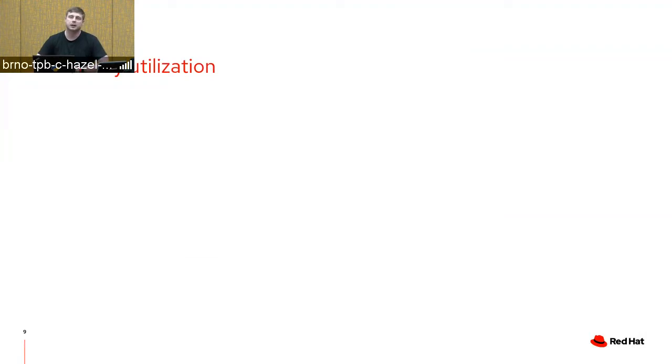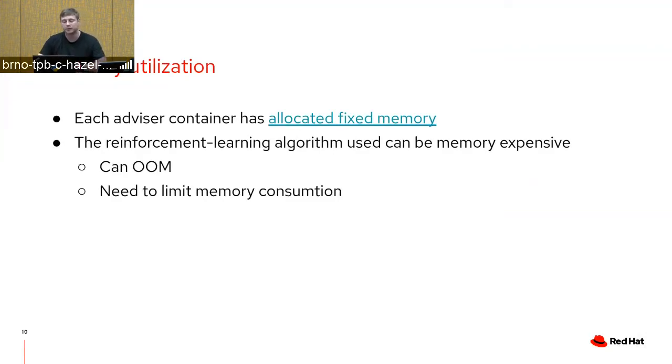Okay, so now let's take a look at memory utilization and how we make sure that the exploration but also the exploitation phase do not hit memory limits, the memory that was allocated for Advisor to compute results.